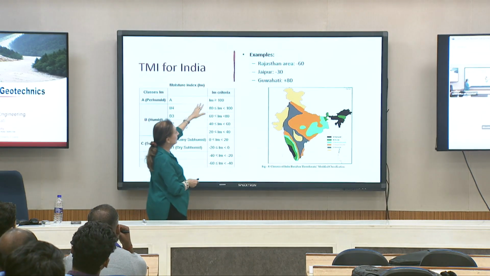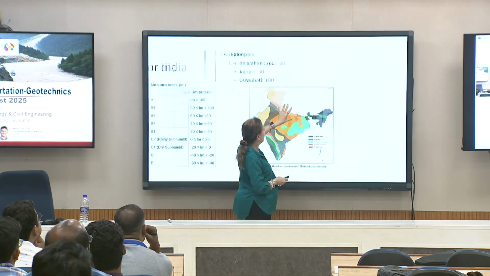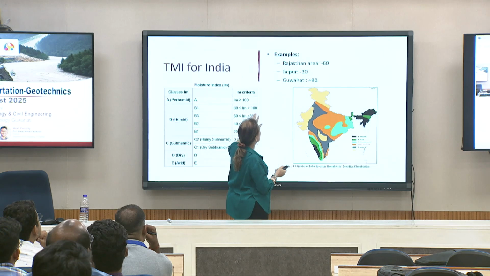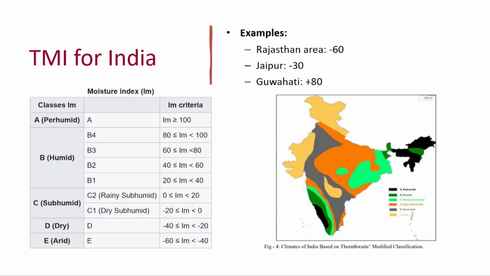The Rajasthan area is about minus 60. Jaipur, which is around here, is about minus 30. And Guwahati is about plus 80, so a very, very wet region, right?